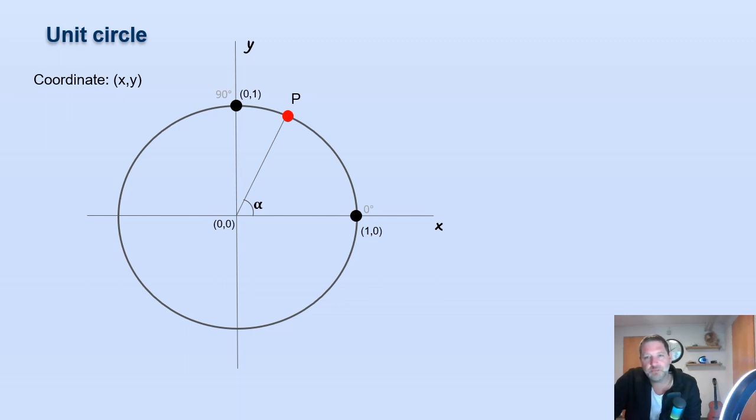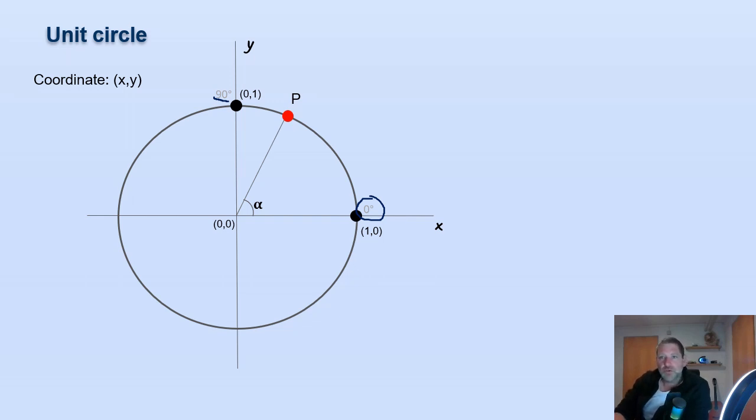Alright, so let's stick to this point P. Here you can see that we have still 0 degrees here at the x-axis, 90 degrees here, but now next to the degrees, I also put the actual coordinates of these points. As you know, the coordinates of the point on the unit circle are 1 comma 0 in the x direction, and 0 comma 1 in the y direction.